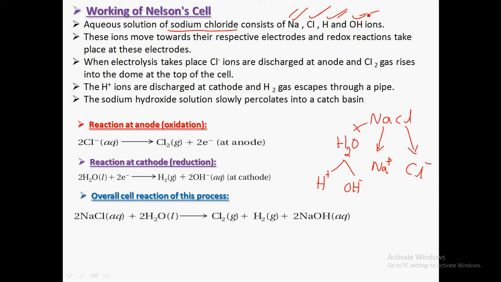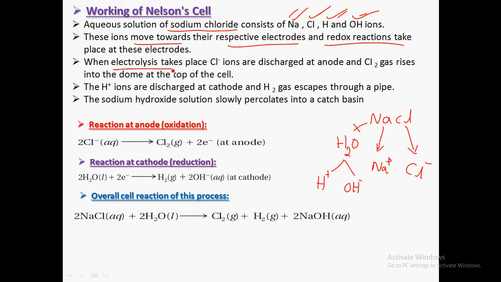So these 4 ions move towards their respective electrodes. Respective electrode means the opposite side. Plus will move towards the negative electrode, minus will move towards the positive electrode. Then reactions take place. Those reactions are called redox reactions.